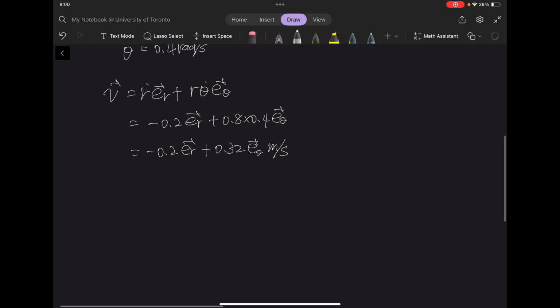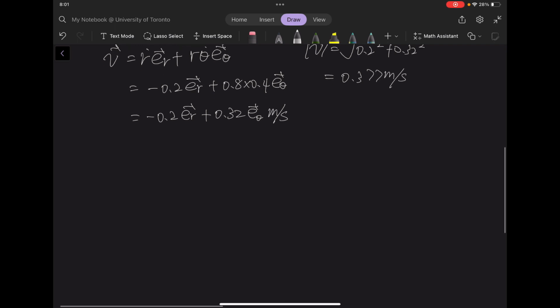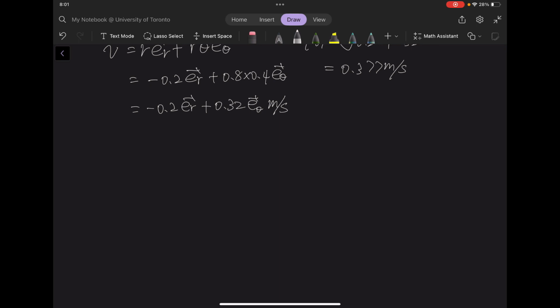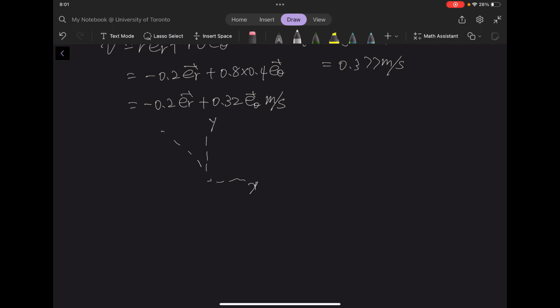We can get the magnitude of it by square root, equal to 0.377 meter per second. We also need to find the direction of it, which is alpha. We can draw a diagram of it. First is our Cartesian coordination, xy, and here's our polar coordination.